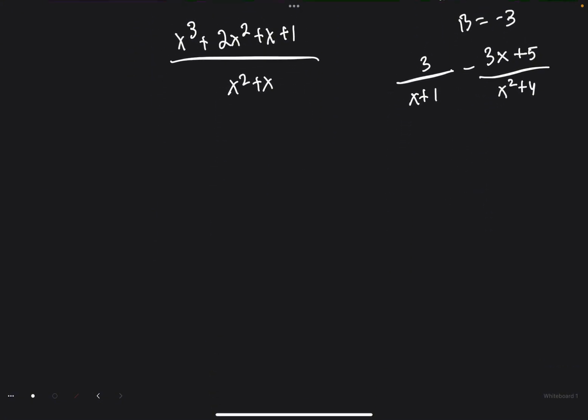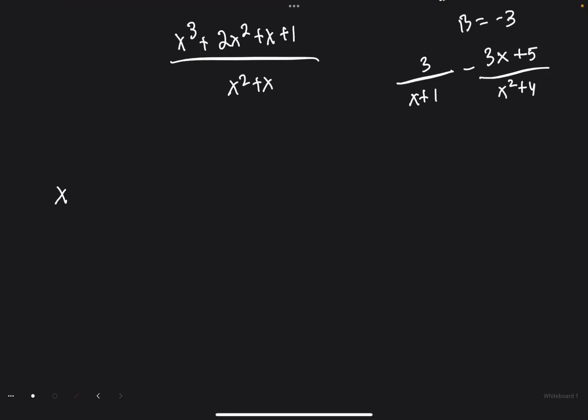And this last one here is really just going to be a long division problem, because you have to get it inside a long division problem and then you do the partial fraction.